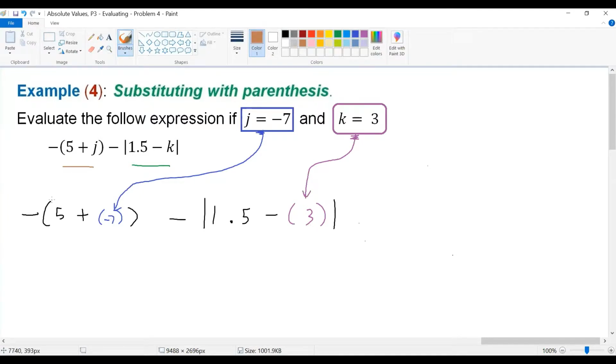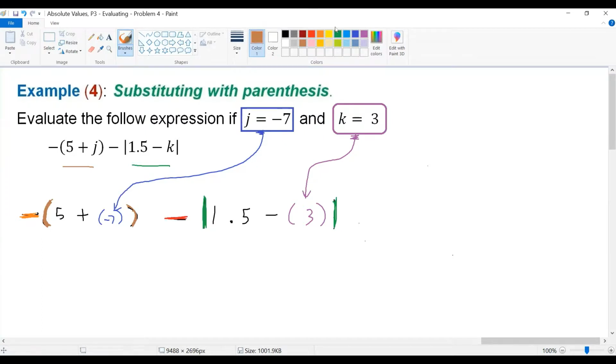What we want to be thinking about is that parentheses and absolute values both follow the same order of operations. So that indicates that we need to focus on working from left to right before we take care of any additional negative symbols.